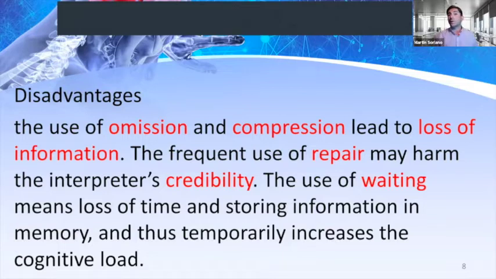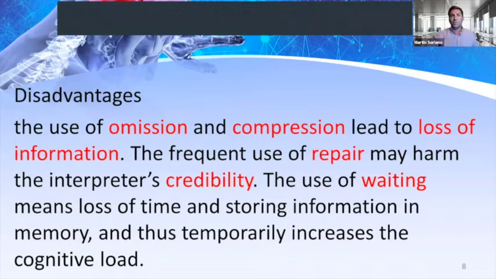The frequent use of repair, if I keep making mistakes and repairing as I go and navigate the sentences, may harm my credibility as an interpreter. So the use of waiting means loss of time, and then we keep storing information in memory, which temporarily increases our cognitive load, okay? And by the way, the literature does not differentiate between strategies and tactics.